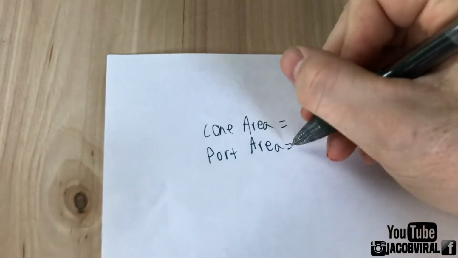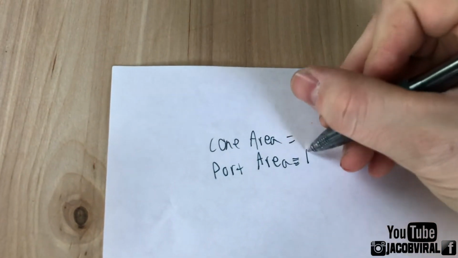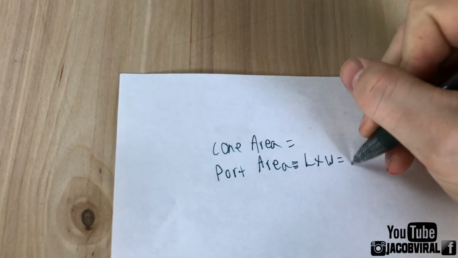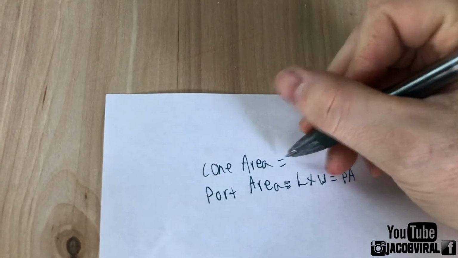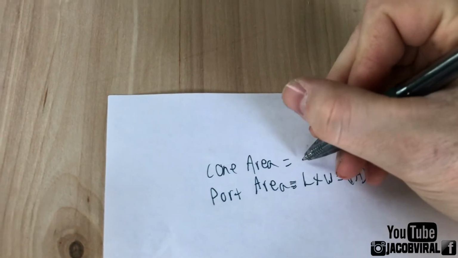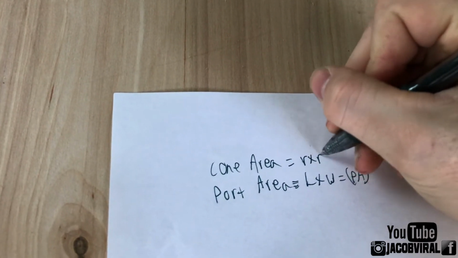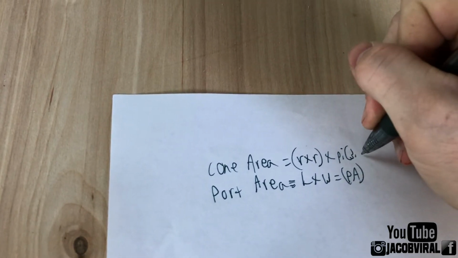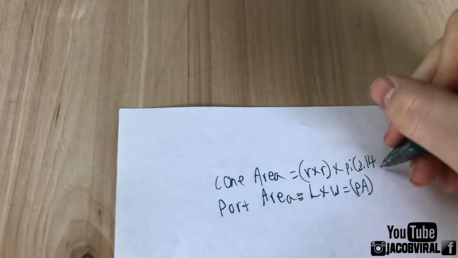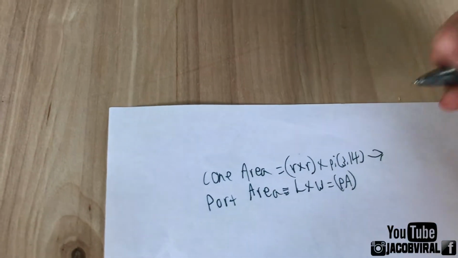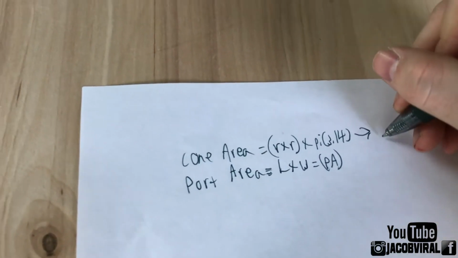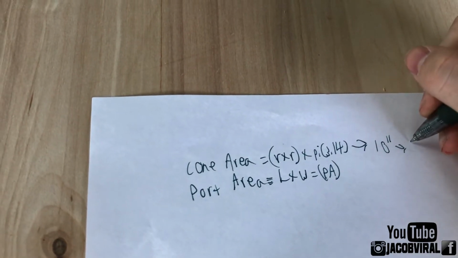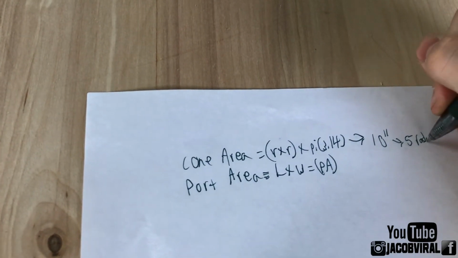Port area is literally just your length times your width of your port equals your PA, which is your port area. And then your cone area is going to be radius squared times pi, which is 3.14. So say my subwoofer is a 10-inch. So I have a 10-inch subwoofer, which equals a 5 radius.